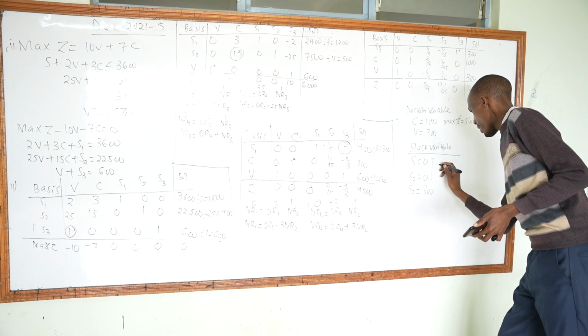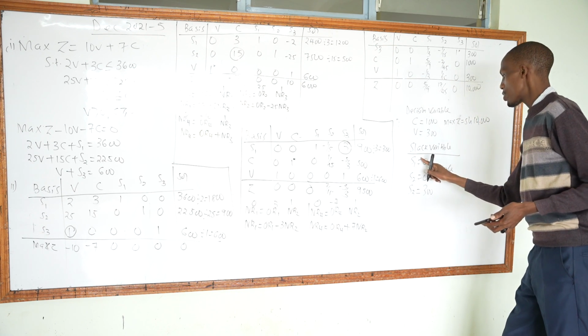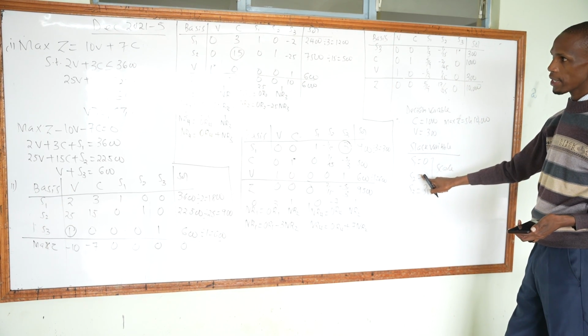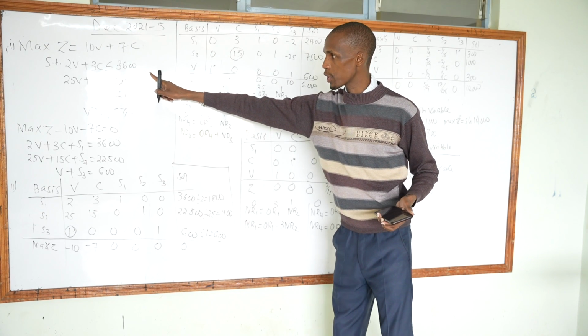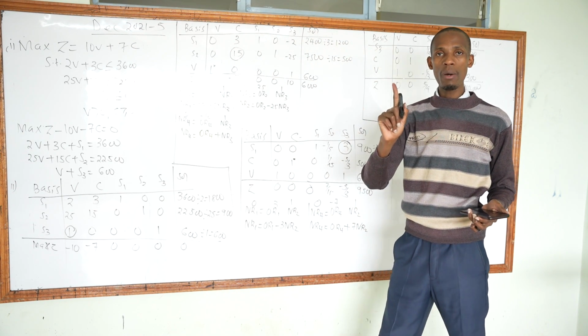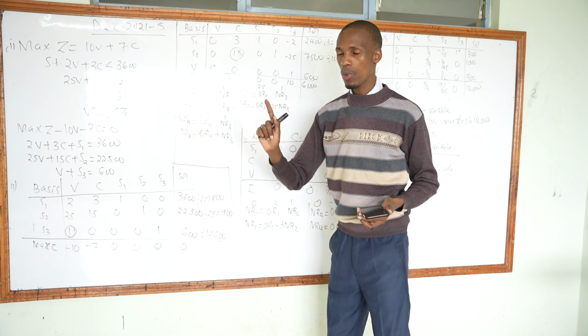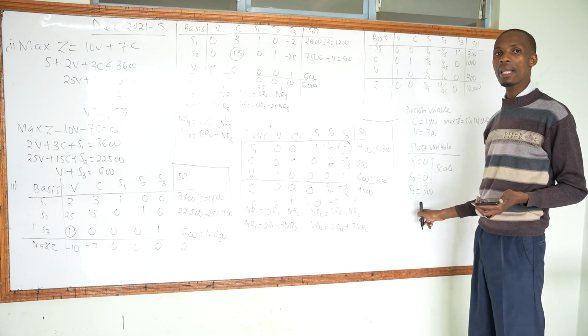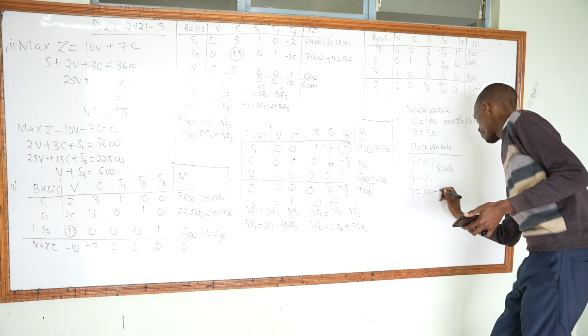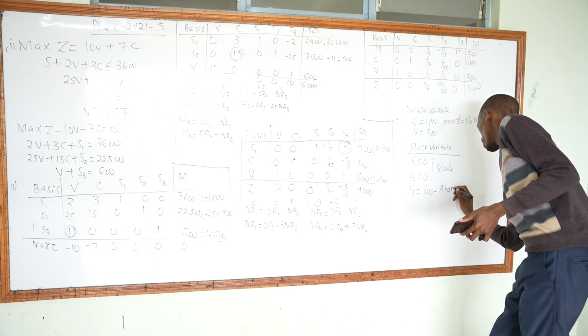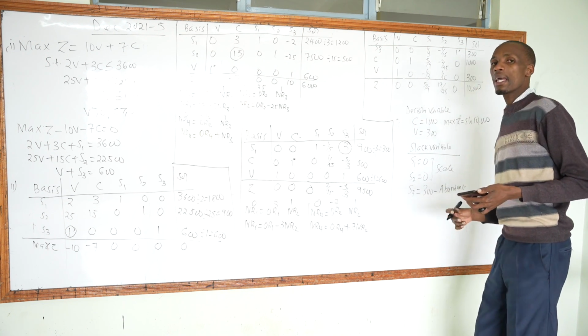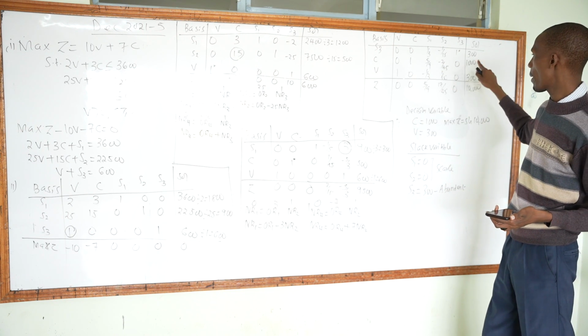This means these are scarce. The two resources, resource 1 and resource 2 from our original equation, they are scarce. In other words, they are limited in supply. Resource 1 and resource 2 are scarce, but resource 3 is in abundance. So this one we can say it is abundant. In other words, it is in excess of what is needed by 300.